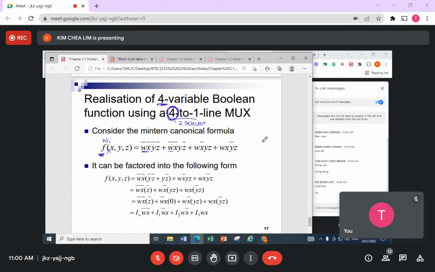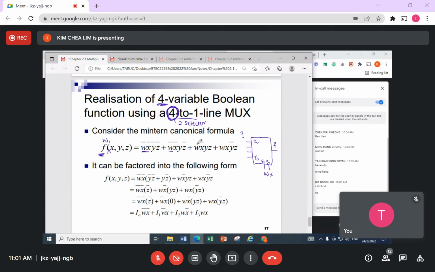That is to say that my 4-to-1 multiplexer, I choose my WX, connect to my selector input. And here, because of 2 selector inputs, I have I0 up to my I3 over here. My question now is, what should I put here? Output is fixed, 1 line only.